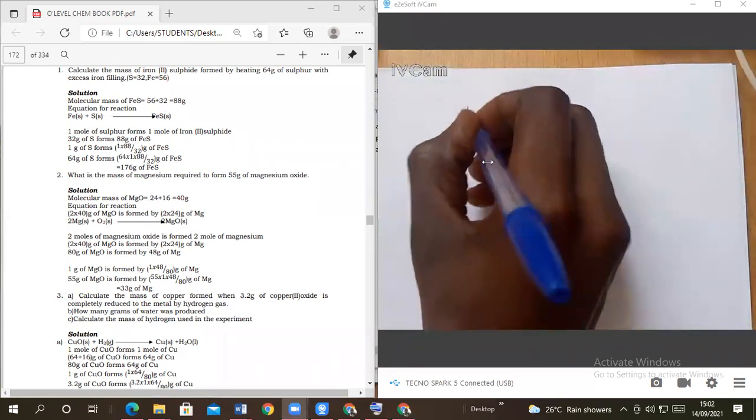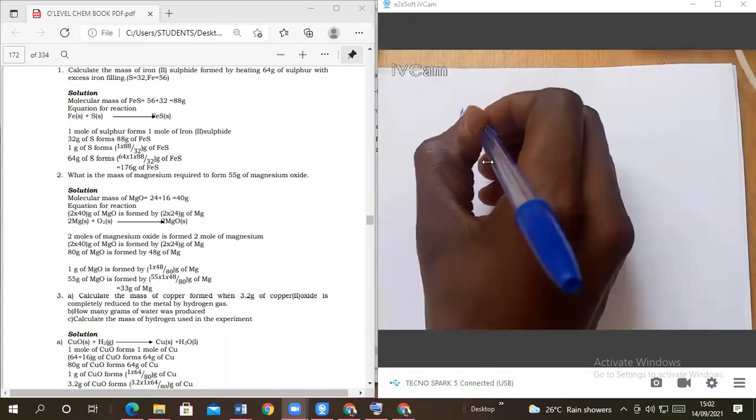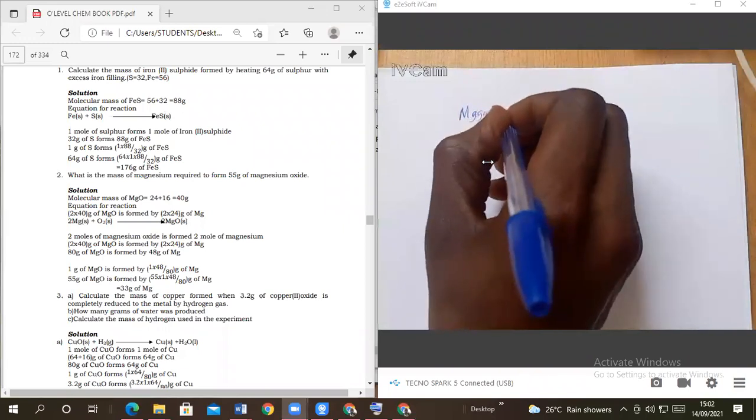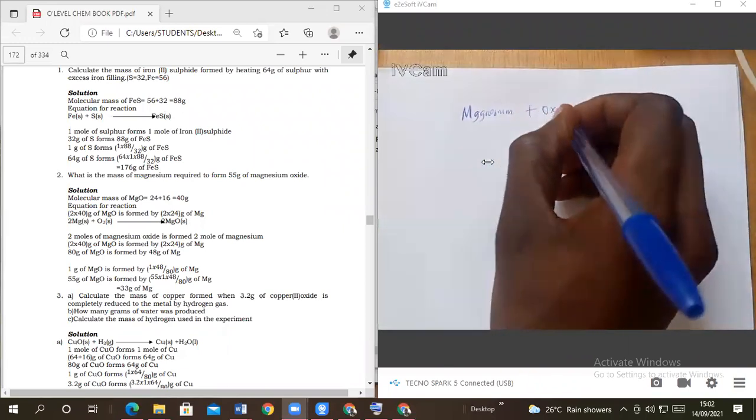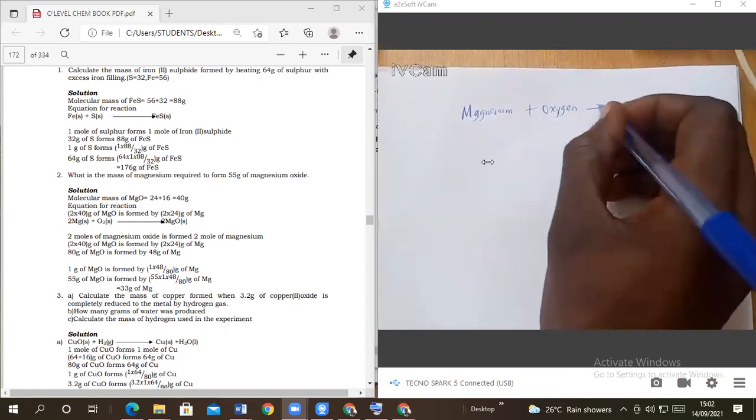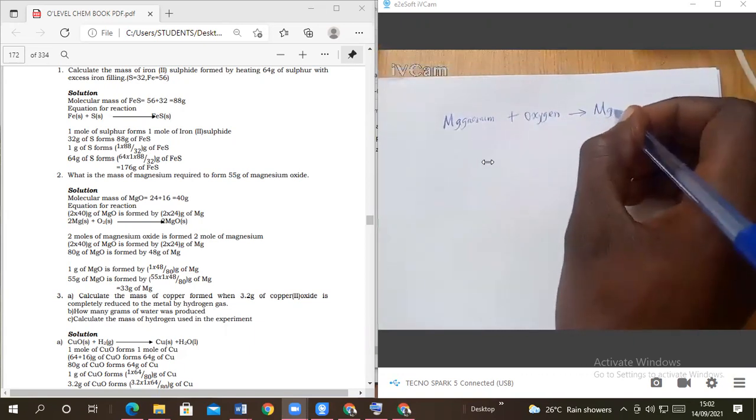Magnesium and oxygen to give us what we call magnesium oxide.